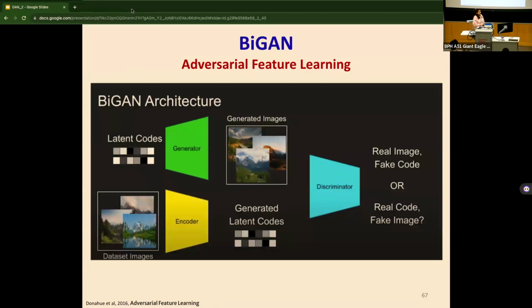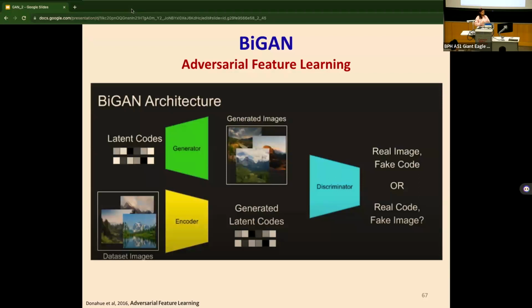So this is what the architecture looks like. It basically takes the latent codes, passes them into a generator, and generates an image. Another module we also have is the encoder, which takes the image and generates the latent codes. Now the discriminator here does not only take the image, but also the latent codes that were encoded in the encoder.